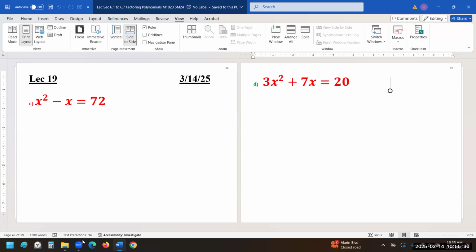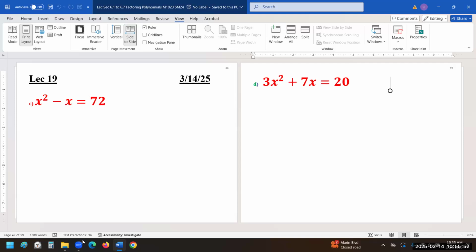So in our last class, we started learning about solving quadratics. Before solving, we learned how to factor. If you have two terms, you can either take out a GCF or do difference of perfect squares.